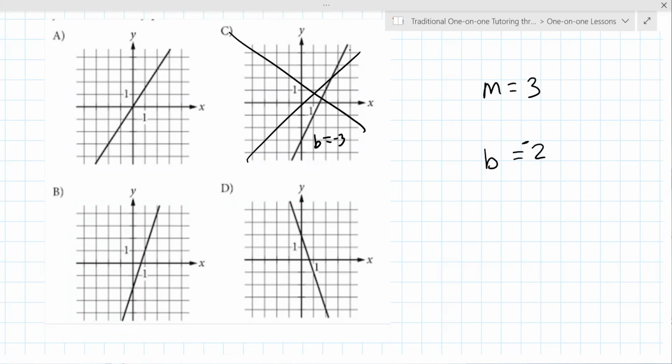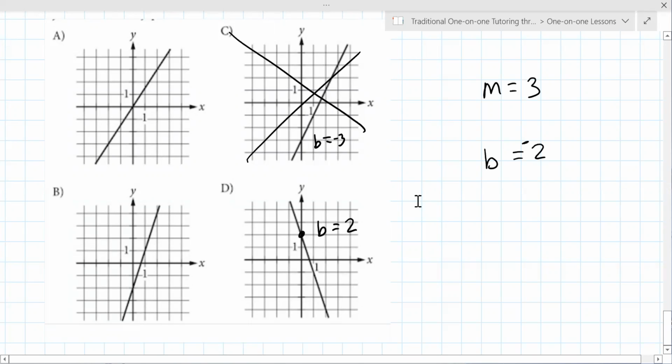So which of these graphs, Sourish, has a b value of negative 2? D. D has a b value of 2. Yes. Are you seeing my screen? I'm seeing your screen. But b is negative 2. So down to A or B, which of these crosses at negative 2?